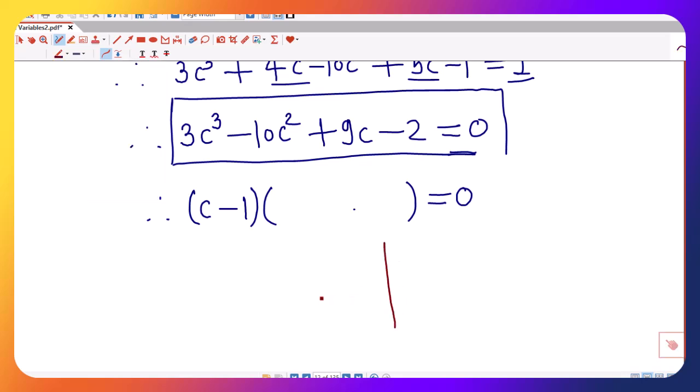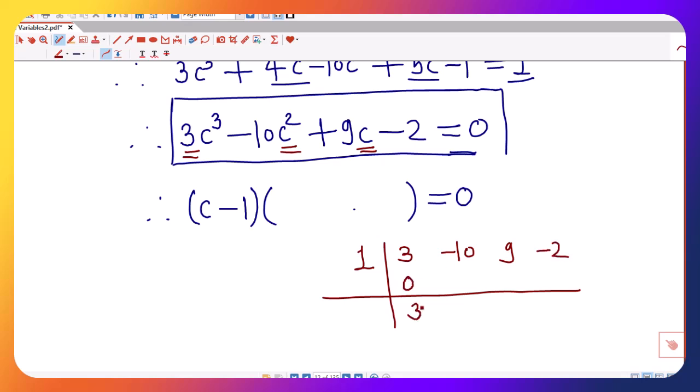As we know from school, because c equal to 1 satisfies this equation, we will write 1 here, and on this side we will write the coefficients of powers of c in decreasing order. First we write the coefficient of cube of c, then the coefficient of square of c, then the coefficient of c and the constant term. Here we write 0, we multiply, we add these two, and we multiply 3 and 1.